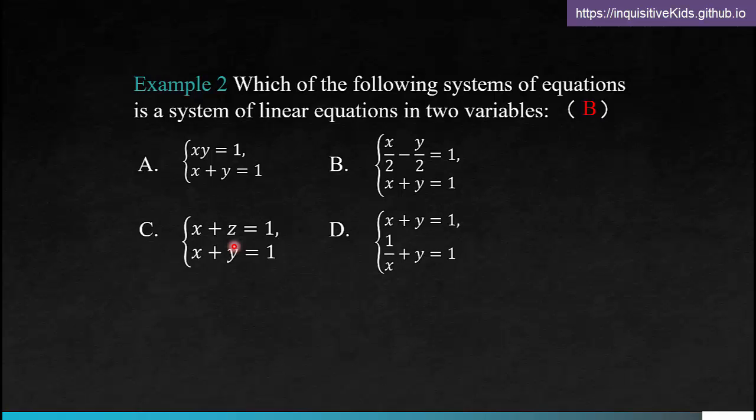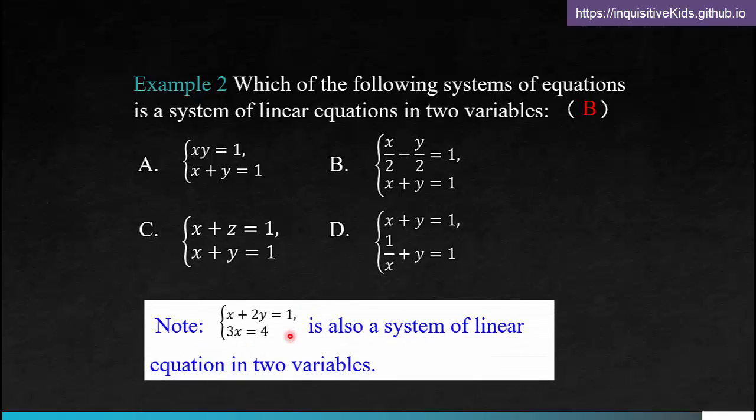Okay, now what about D? Well, this has to be a whole expression. And remember, last year in the 7th grade math lessons, we covered that a whole expression requires the denominators of a fraction to be a known number. So you can't have a variable in the denominator right here, meaning that B is the only qualifying system of linear equations in two variables.